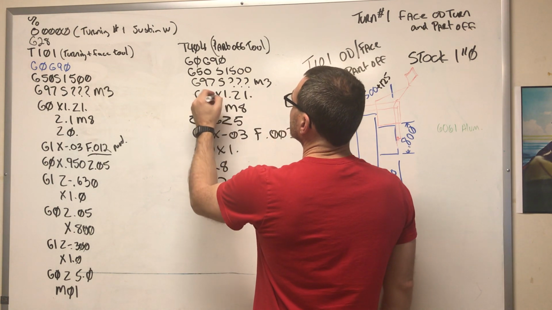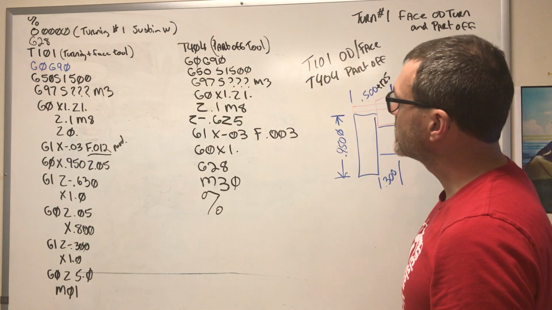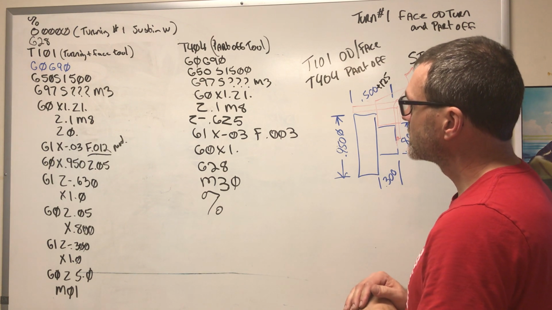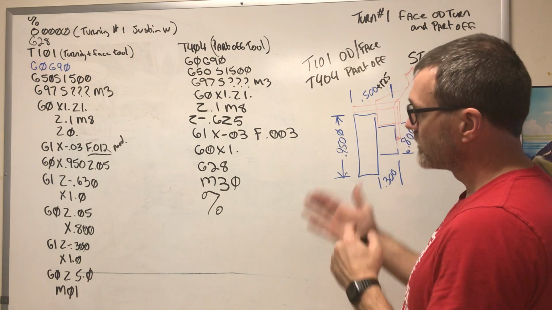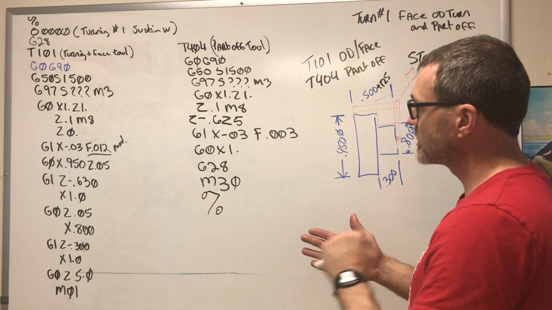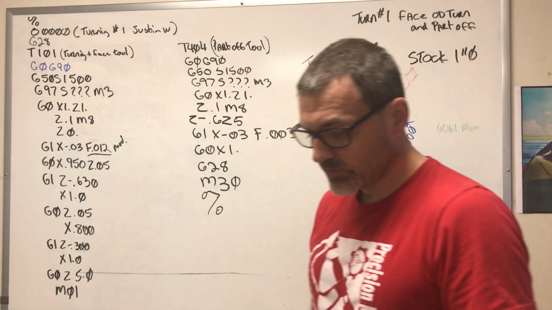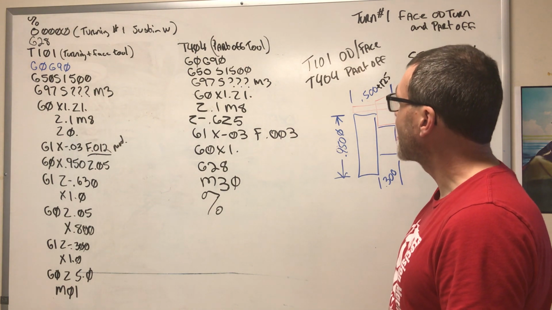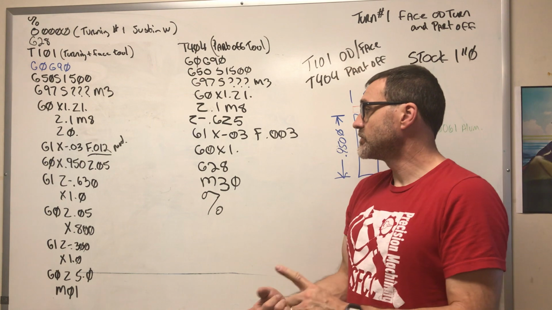So you can feel free to do those things, but what I want you to do is turn me in a program that does this motion: face, turn OD, turn to step, part off. If you do not remember all the codes that are on page 23 in your fundamentals book, that should get you started. So that is your assignment for this week, is to write me a program.